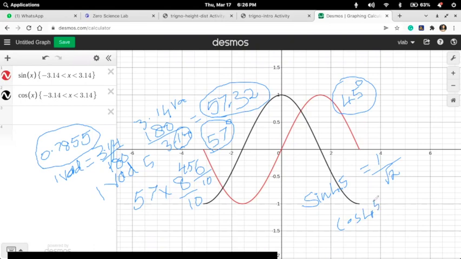Sine 45 and cos 45, the value of 1 by root 2. That's what I am asking. 1 divided by root 2 is how much? 1.414, right? Yes, sir. Okay, how much is it approximately? 1 divided by 1.414.